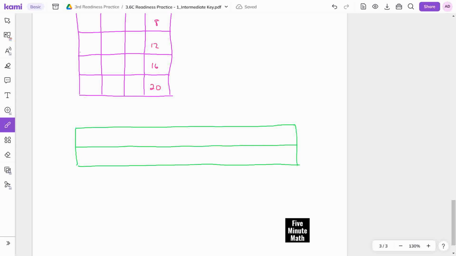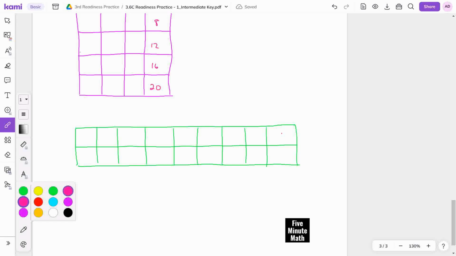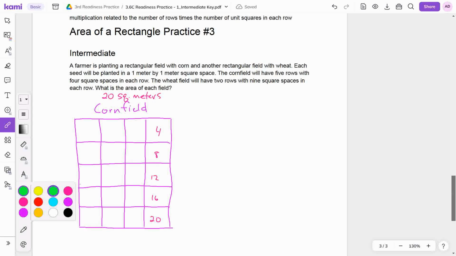Now, for my 9 square spaces, I'm going to do what I did last time. I'm going to cut my array into thirds, and then cut each third into thirds, and then there we go. So I've got 2 sets of 9, so that's going to be an easy 9, 18. And so this is my wheat field.